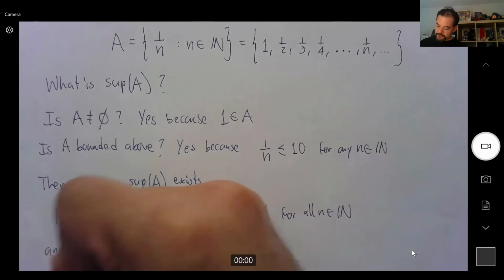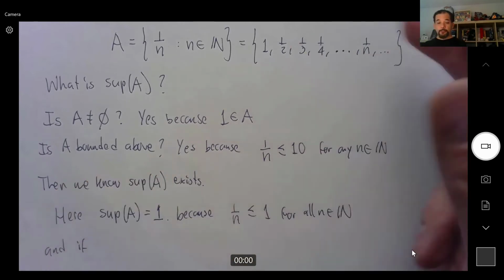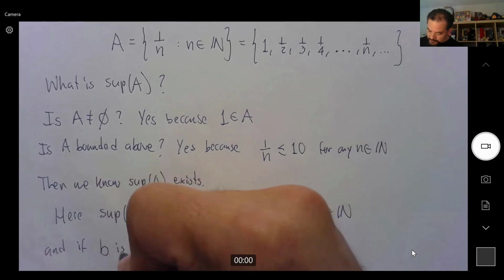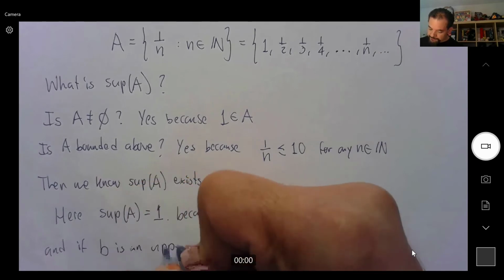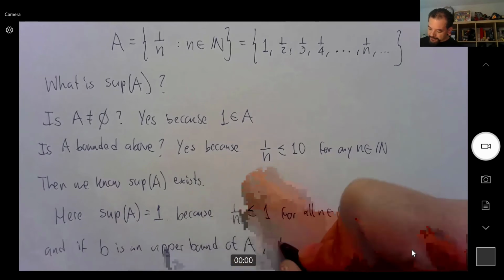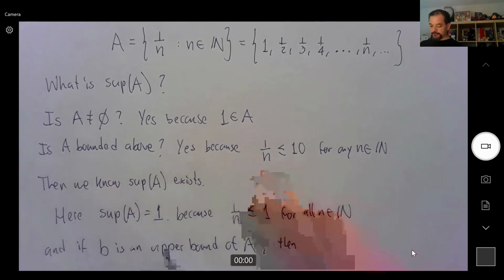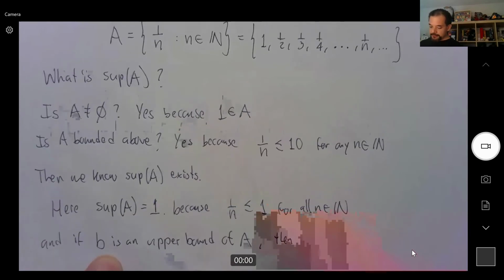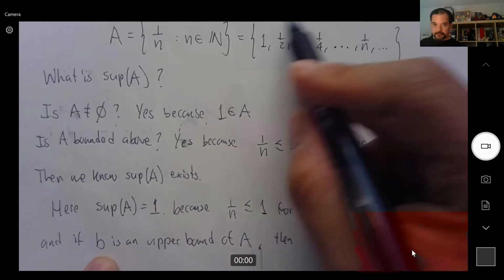And if B is another upper bound of A, then in particular B has to be bigger than all of these numbers.